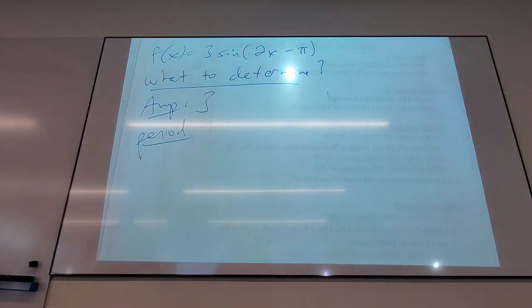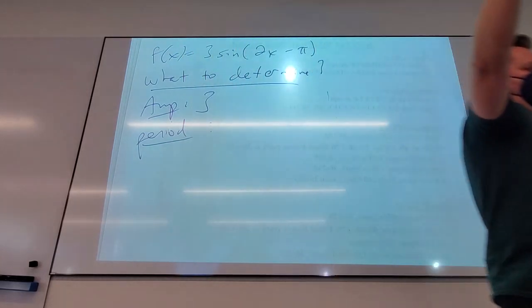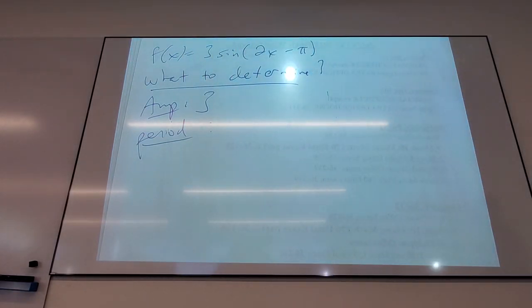I've got to find something that works. What's the period of sine? In the first place, what's the period of sine? 2 pi. How do I figure out the new period? Divide by 2, because what's k?